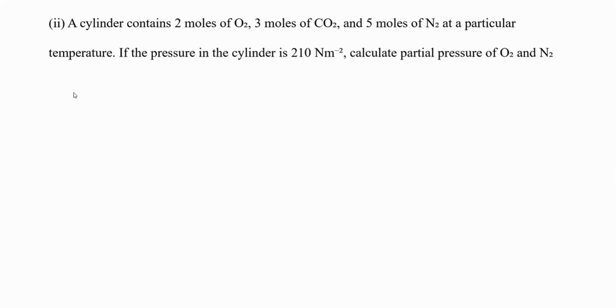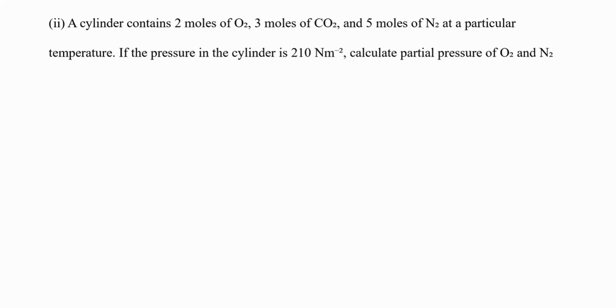Okay, so the next question says a cylinder contains 2 moles of oxygen molecule, 3 moles of carbon dioxide, and 5 moles of nitrogen molecule at a particular temperature. So if the pressure of the cylinder is 210 newtons per meter square, calculate the partial pressure of oxygen molecule and nitrogen molecule.